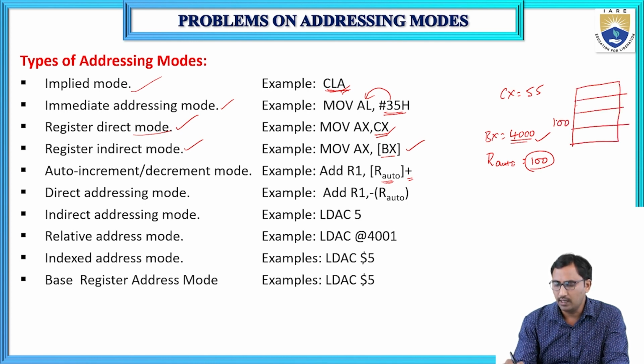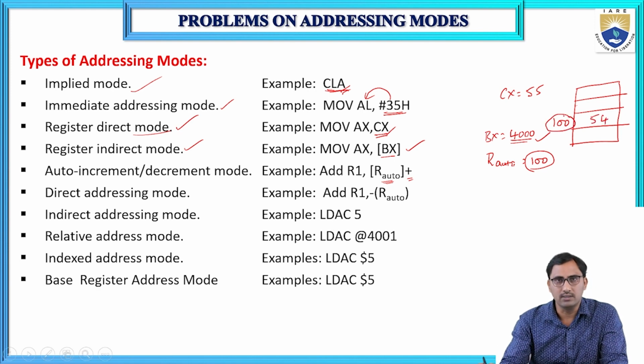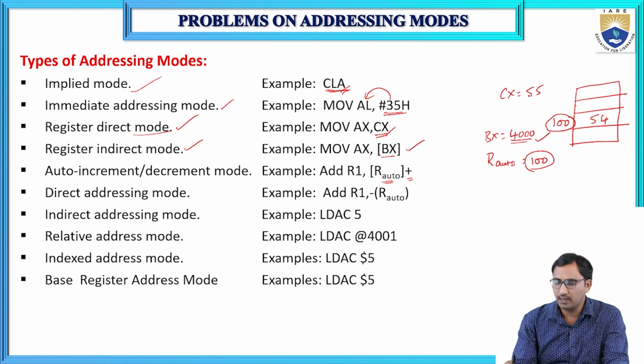So let us assume 100. In that we have some data operand, some 54. So 100 is the effective address. Using that effective address, it can access the operand. After accessing, it will move to the next consecutive memory location.